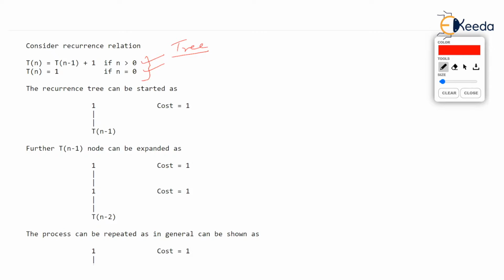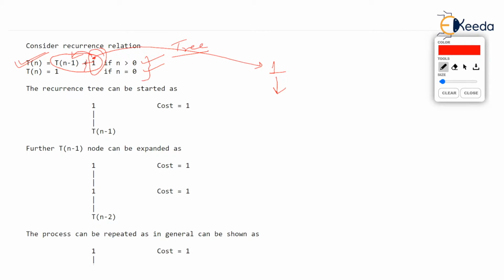Let's take this recurrence relation. What is T(n)? T(n) comprises T(n-1) plus 1. So this additive term here, 1, we put it as the root. This will be the root of the tree, and this root will have only one child because the 1 has been added to only the recursive term, that is T(n-1).